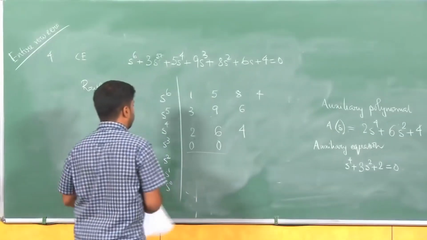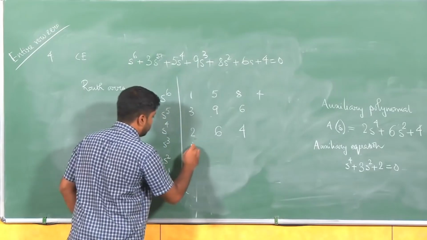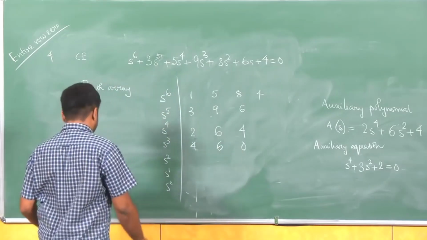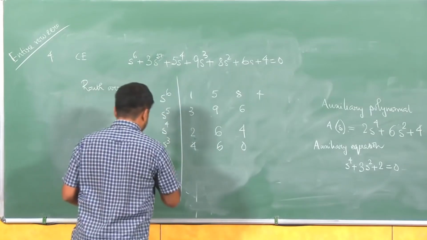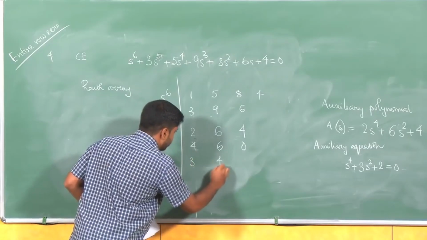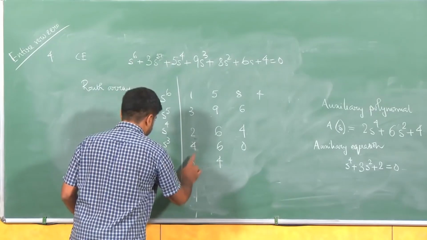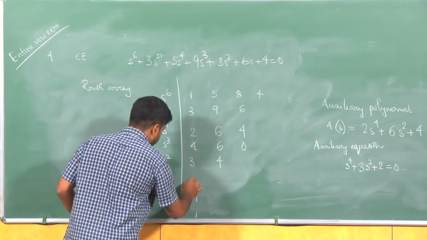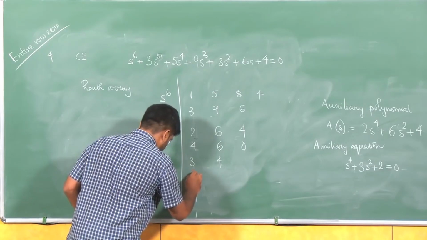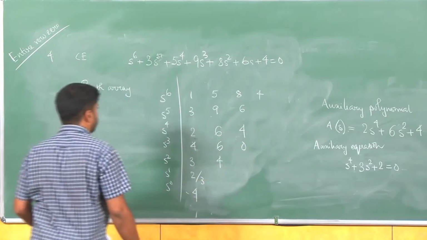So, the coefficients will be replaced by 4 and 6. Okay. So, 4, 6 and 0. For s to the power 2, the terms will be 3 and here will be 4. Now, yeah, so 18 minus 16. Okay, so it will be 2 by 3 and here it will be 4.